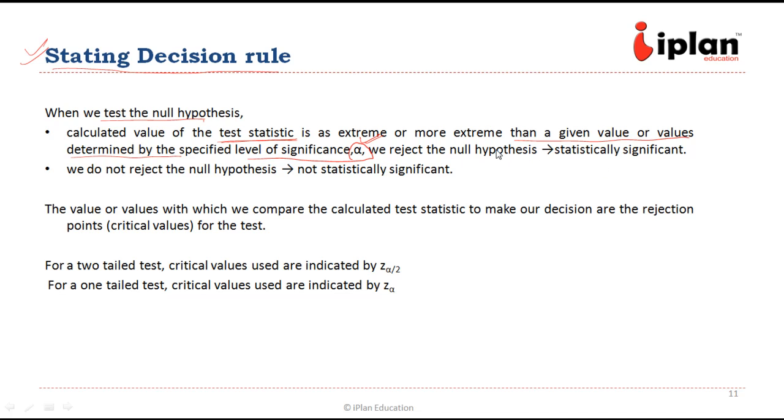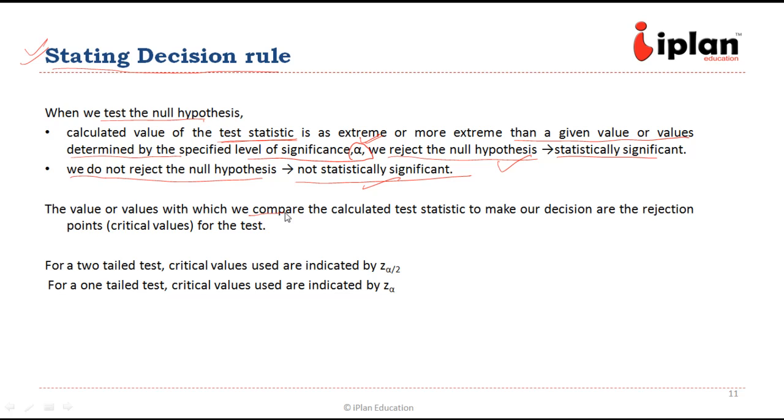So if we have a statistically significant difference, we will be able to reject the null hypothesis, and if the evidence is not statistically significant, we are not able to reject the null hypothesis. These are the two possible outcomes which we already talked about.